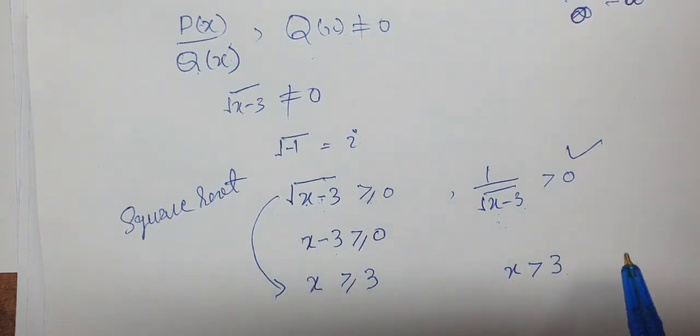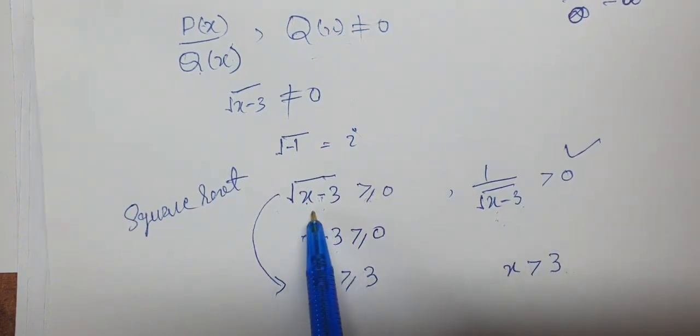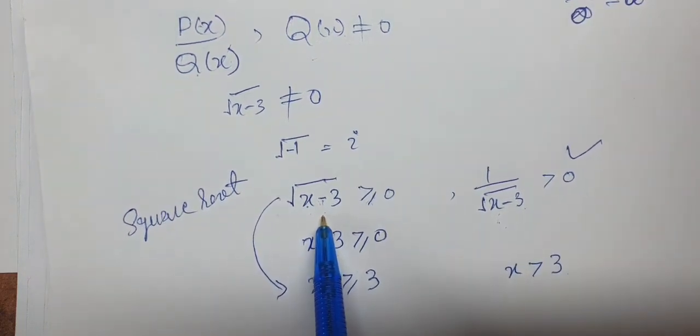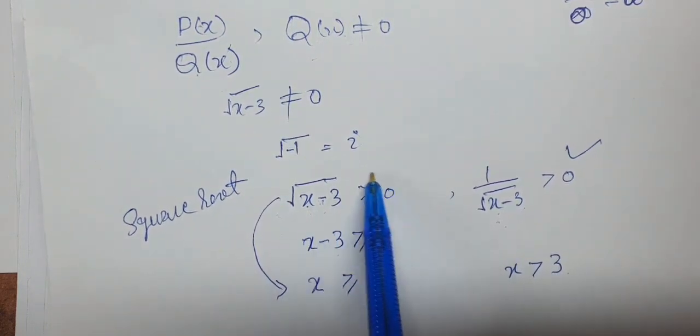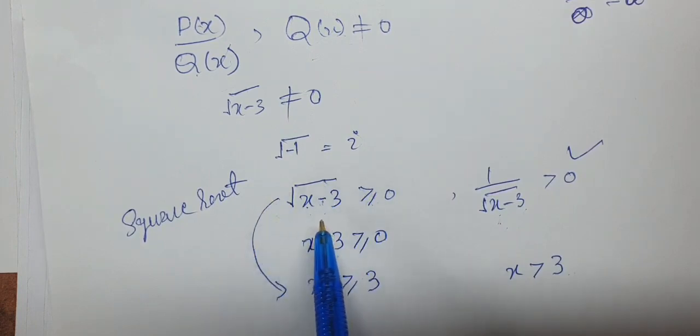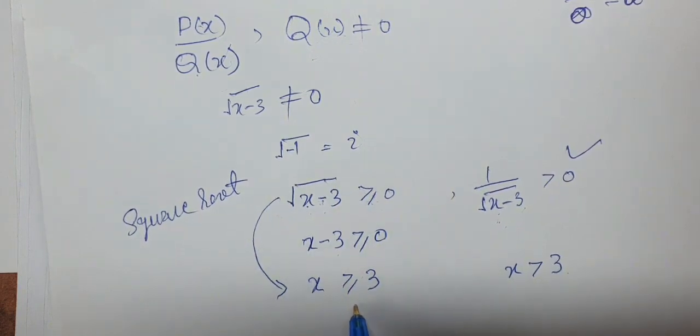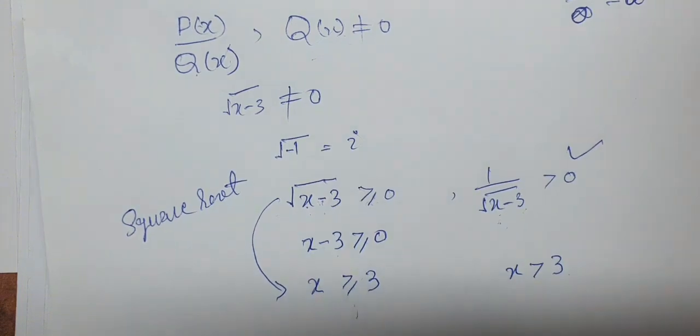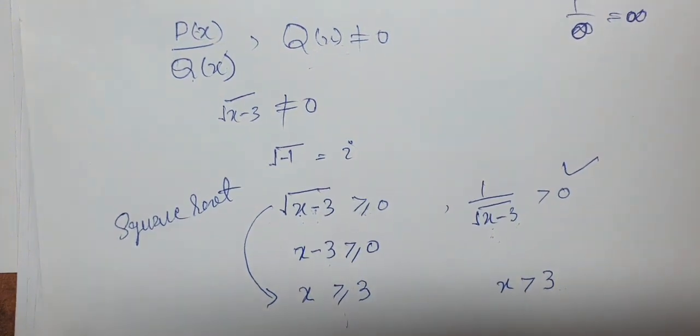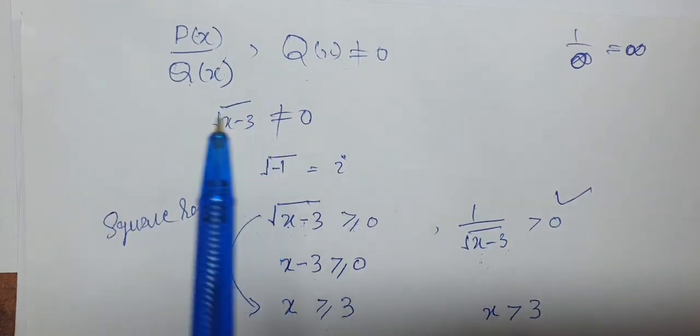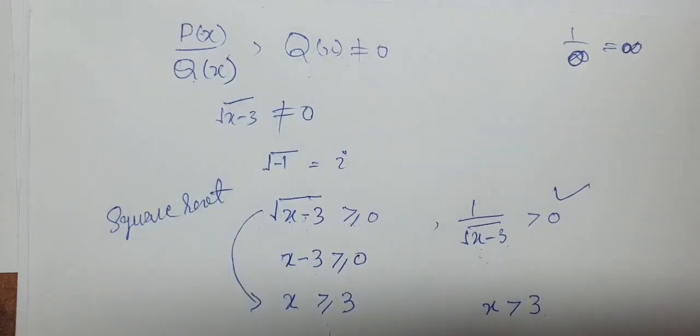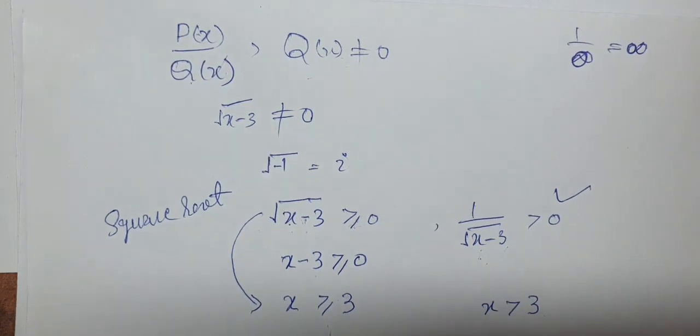But I think in the other variant you have this kind of question as well. Whenever you have this kind of situation, you can consider this the domain of that function. In this variant, because we have this rational function, the domain will be x strictly greater than 3.